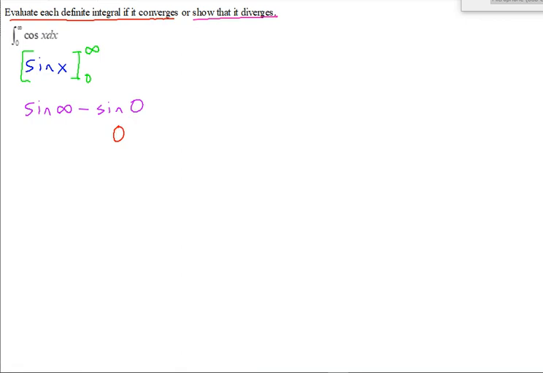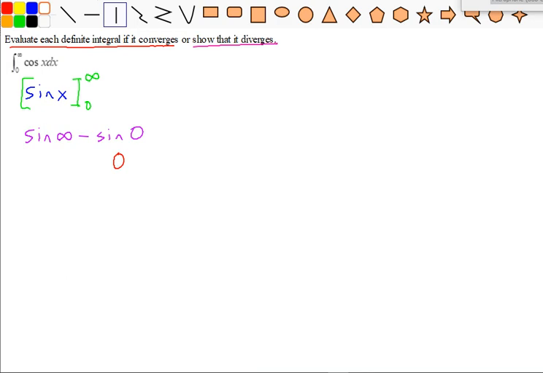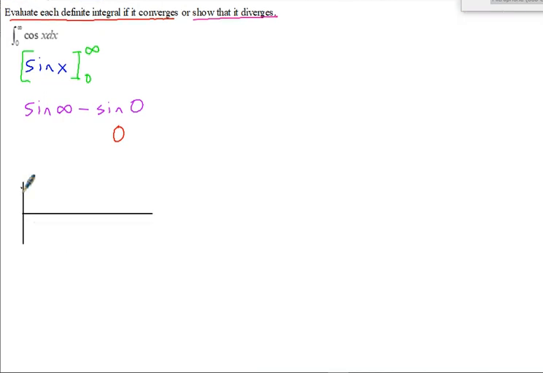But sine of infinity, the easiest way to think about this is the graph of sine as it heads off to infinity. The graph of sine fluctuates back and forth between 1 and negative 1. It starts here at 0, goes up to 1, then to negative 1, back to 1, back to negative 1, and keeps doing this forever as we head off to infinity.